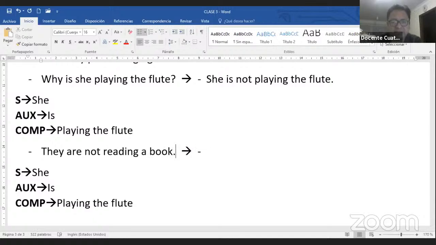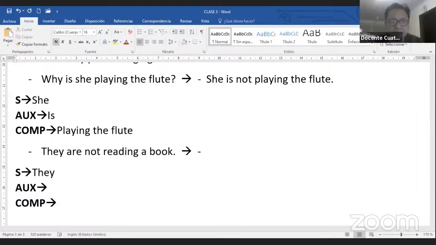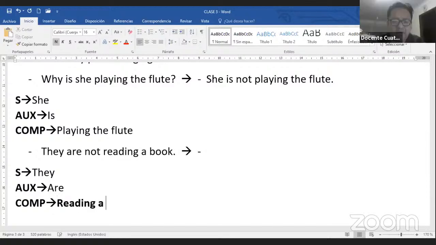Negative sentence: They are not reading a book. Let's see, which is the subject in this sentence, Liber? They. Which is the auxiliary? Are. The complement? Reading a book.